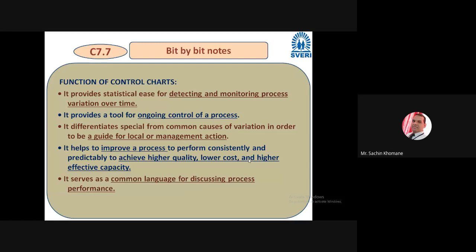Then another function is that it is a common language for discussion at the management level. So how do management people discuss? Just by looking at the control chart. So this may be their discussion language. It is a graphical representation, so just by looking at the graph, they will understand.